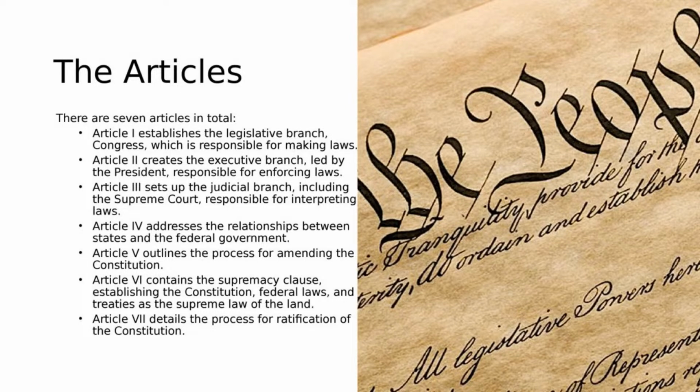Now, Article 2 creates the executive branch, led by the President of the United States, responsible for enforcing laws. Now, Article 3 sets up the judicial branch, including the Supreme Court, responsible for interpreting law.